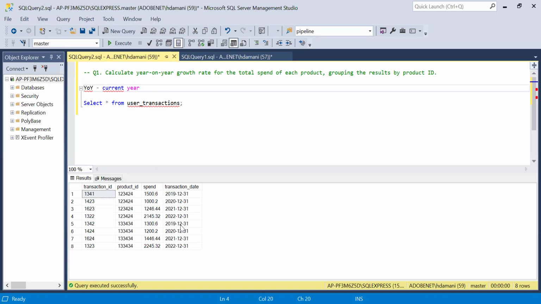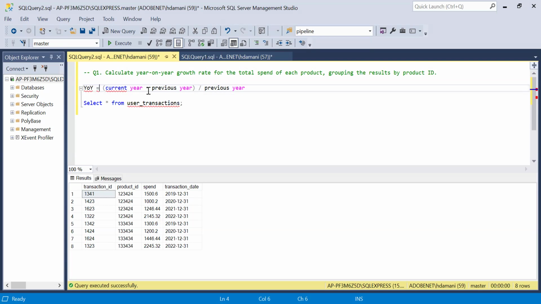So current year minus previous year, and then we divide this with respect to the previous year. The whole subtraction of current year and previous year, we divide by the previous year. This would be your formula for year over year growth.